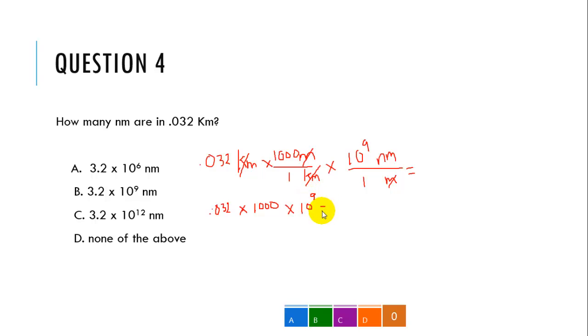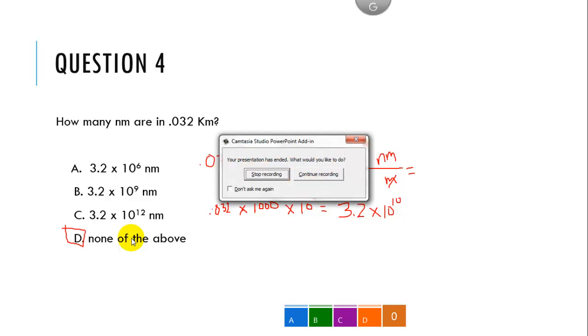And when I work that out on my calculator, I'm going to get 10 times 10 to the 10th nanometers. So the answer is none of the above. All right, so that's it for factor label. I hope you answered everything correctly.